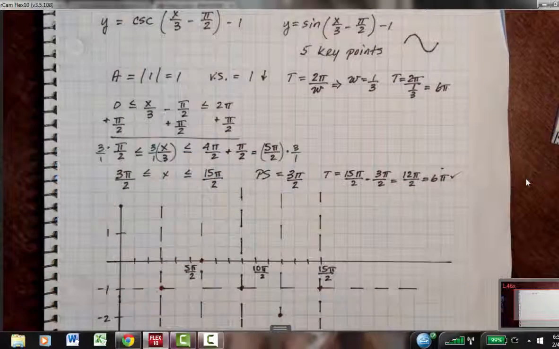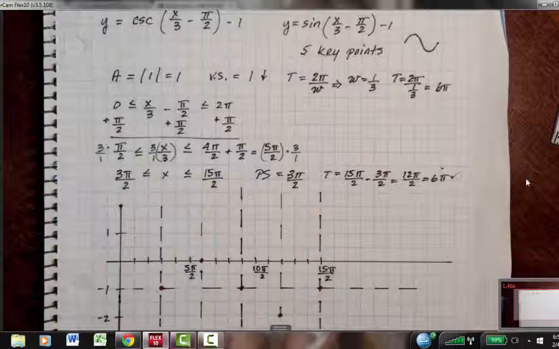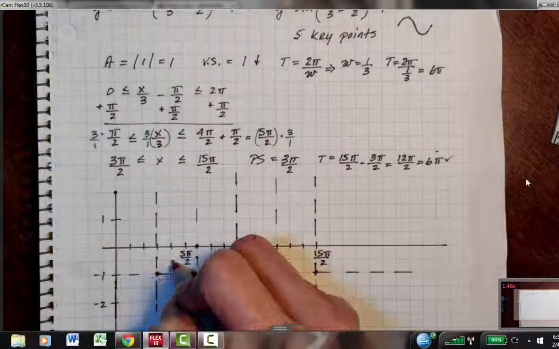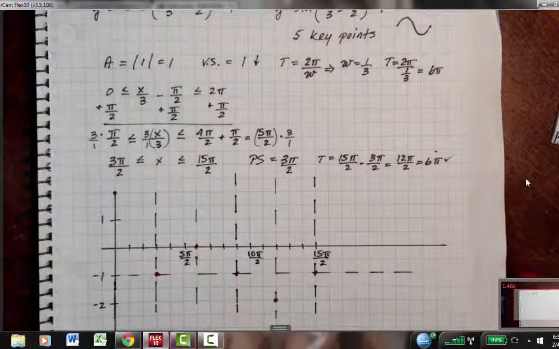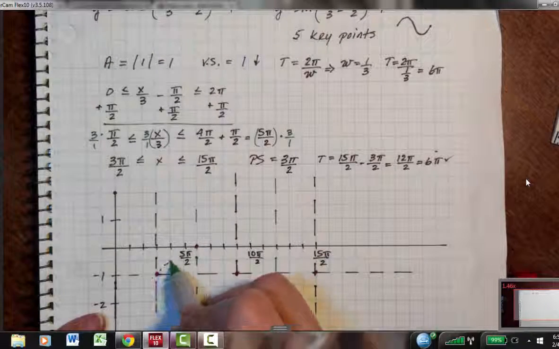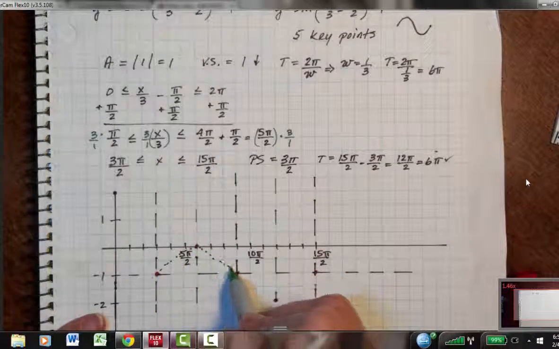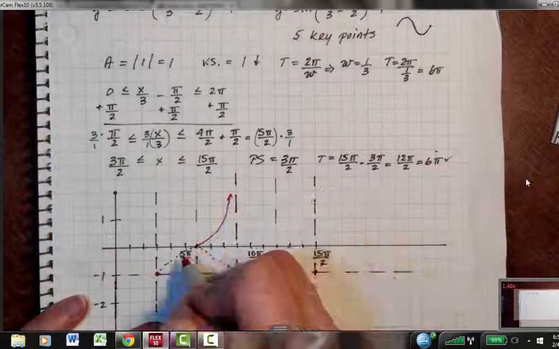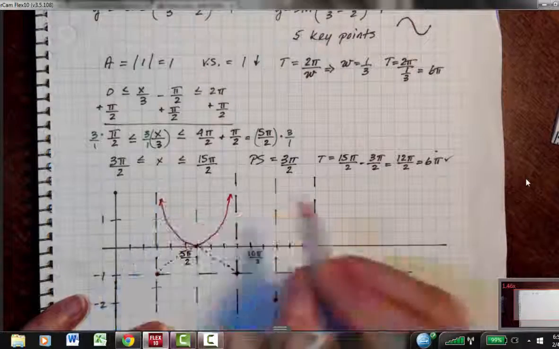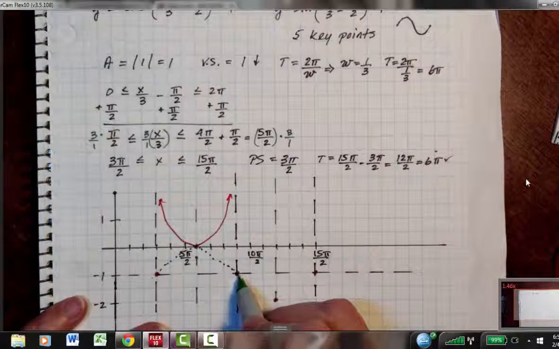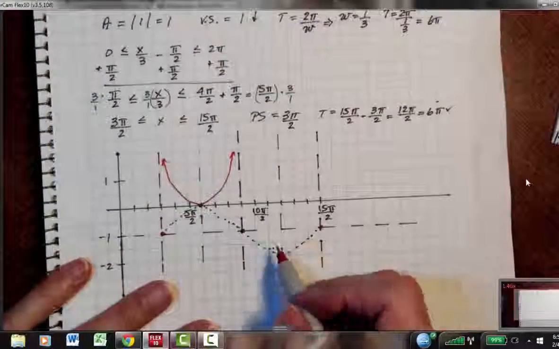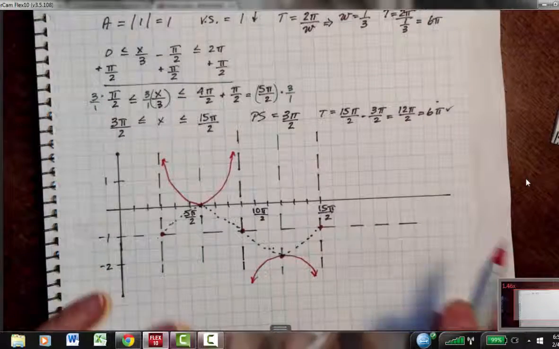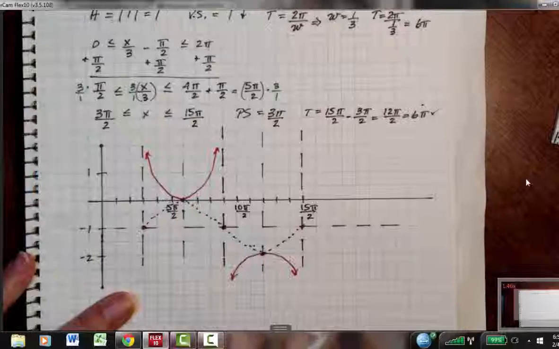Then my graph is going to be the reciprocal functions; it's going to be inverted. Let me dash the sine function very lightly in green. Instead of my sine function looking like this, my cosecant function is going to look like this, approaching my asymptotes. And that's one cycle of the cosecant function.